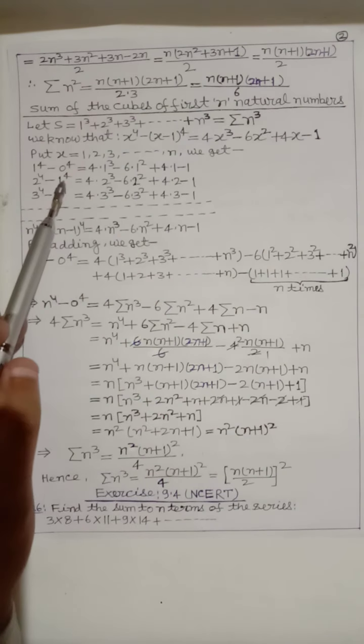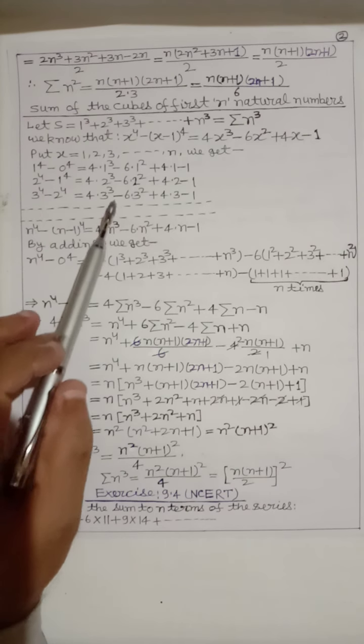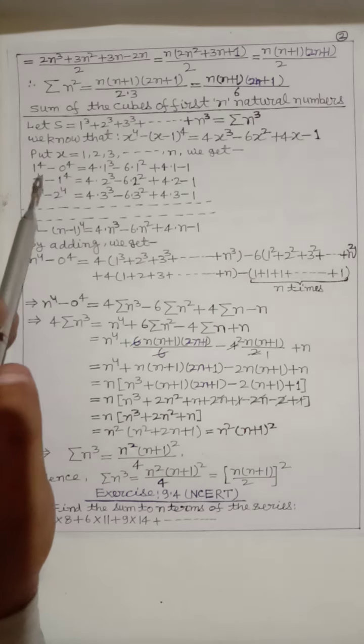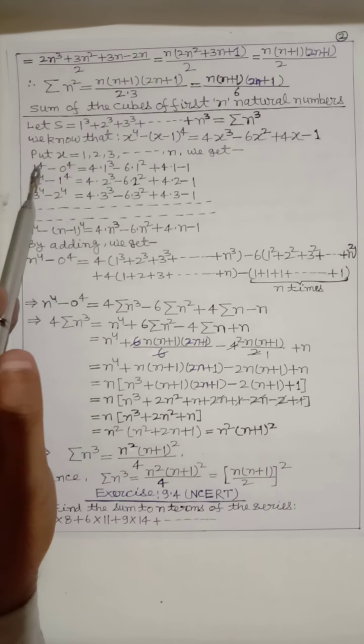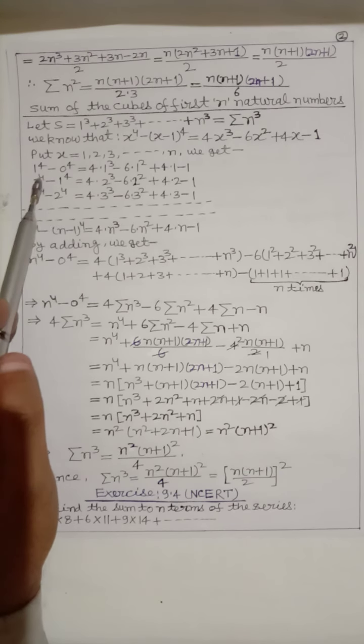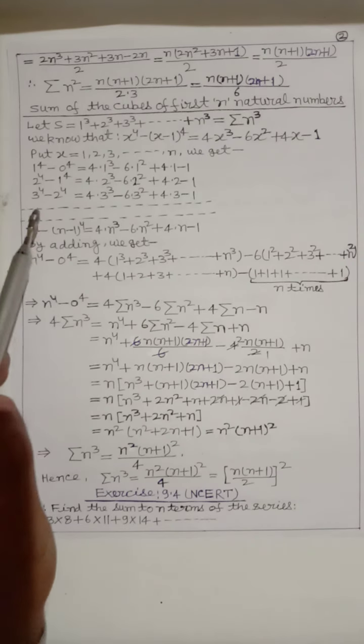Here, adding the above correspondingly, left side to left side, right side to right side, we get: 1 to the power 4 minus 1 to the power 4 will be cancelled. 2 to the power 4 minus 2 to the power 4 will be cancelled. Similarly 3 to the power 4 minus 3 to the power 4 will be cancelled, and so on.